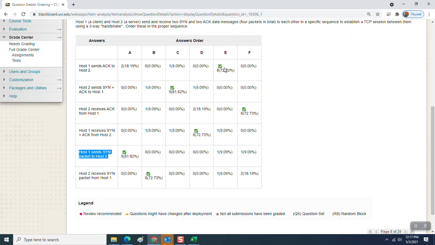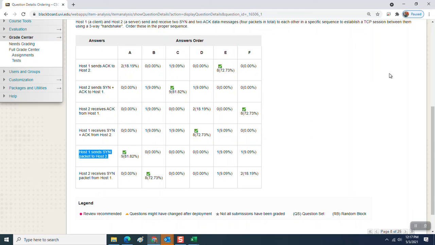The client wants to synchronize a connection. The server wants to synchronize a connection and acknowledges the original request to synchronize. And then the client says, okay, we're good. The client sends an acknowledgement back to the server, and the server receives the ACK from the client.